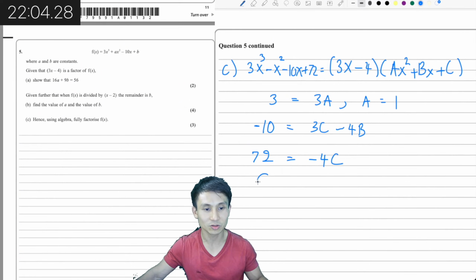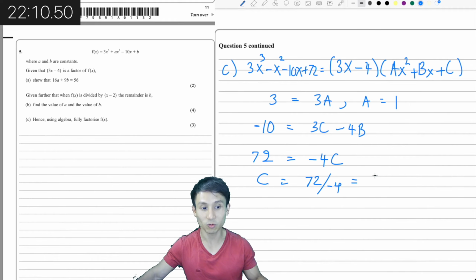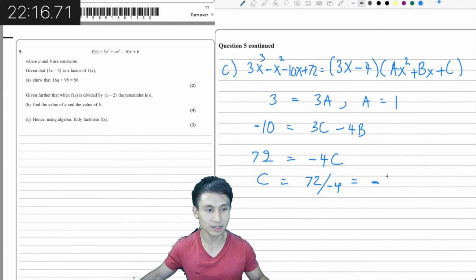So c equals 72 over minus 4, and that is, I believe, 18. Yeah, 72 divided by minus 4, minus 18. And if c is minus 18, that means b would be minus 10 minus 3c, where c is minus 18, divided by minus 4.